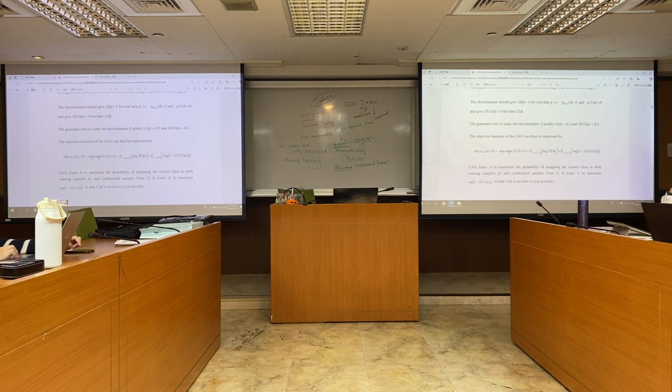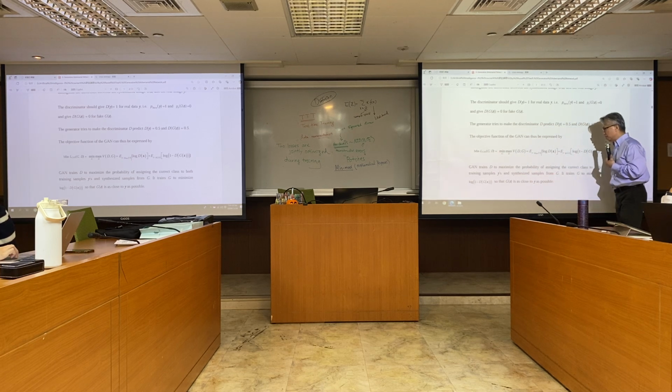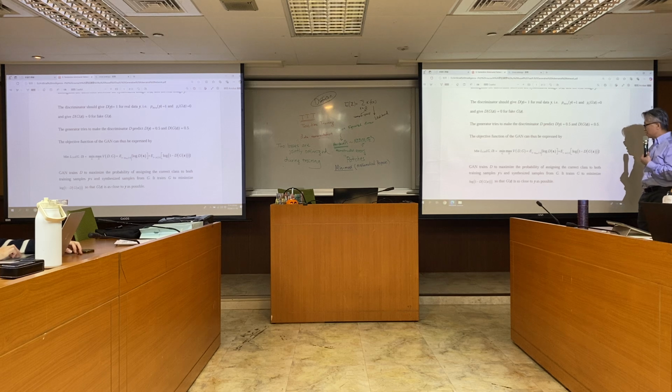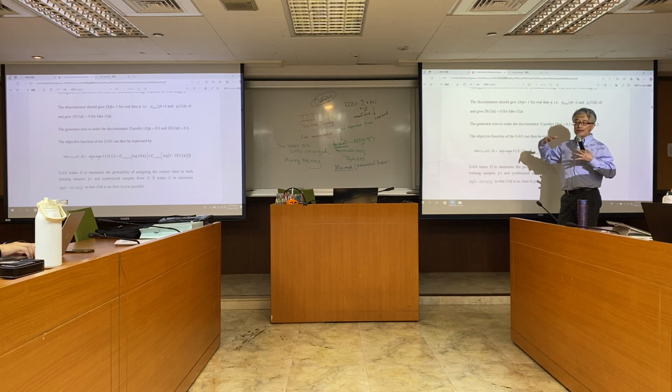So again, we train the D here to maximize the probability of assigning the correct class to both the training sample and the synthesized sample from G. We train the G here to tune those parameters, even though the network structure is fixed.